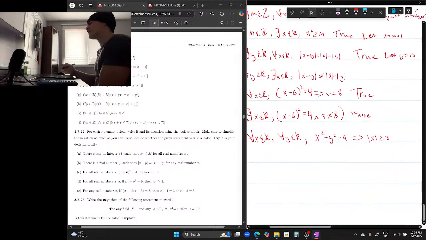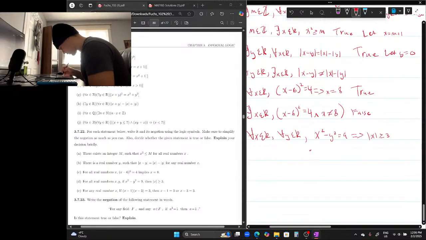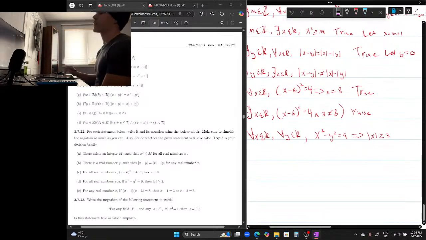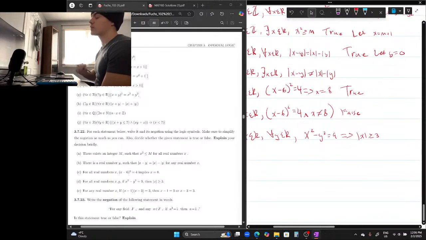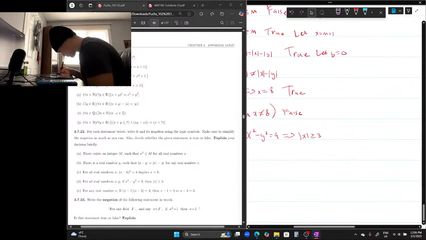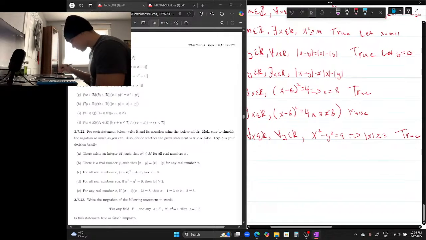Let's see. So if x is greater than 3 again, like let's say 3.1, then you already know x squared is going to be greater than 9. So if y is 0, anyways, the statement is true. Negation.